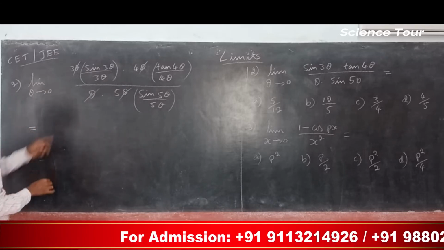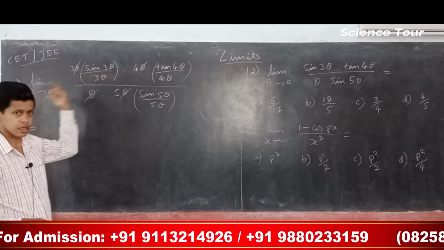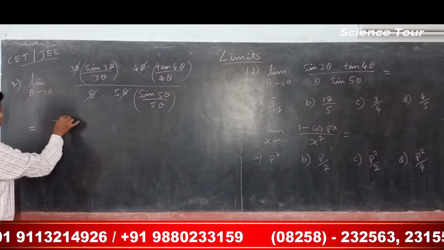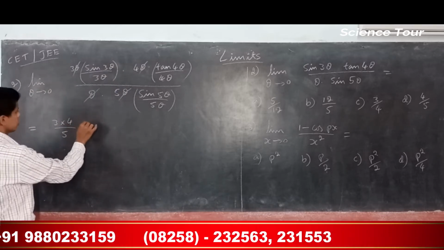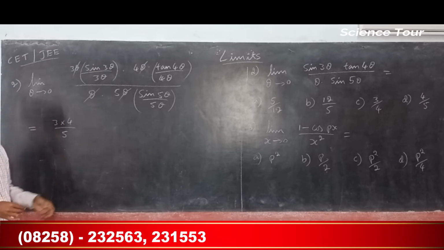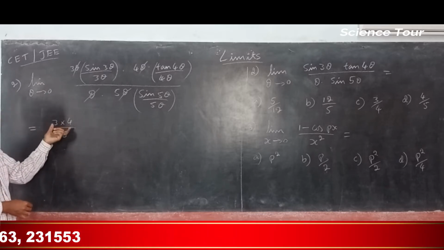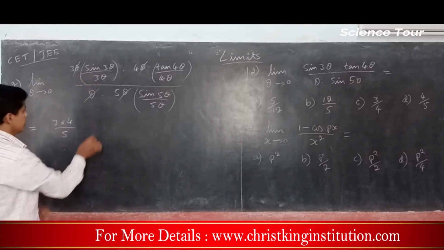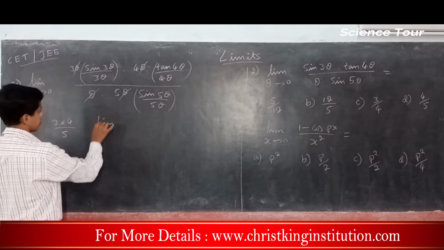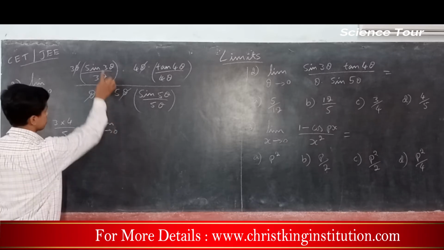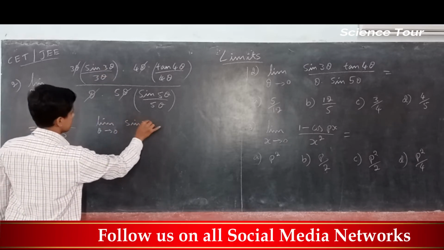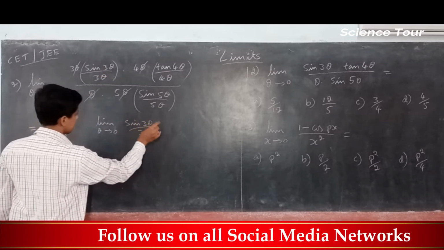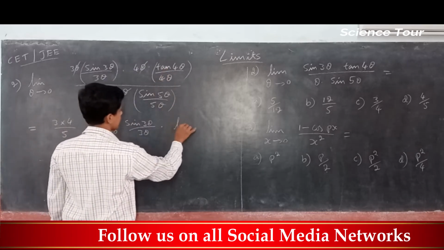So, what are the constants that are remaining? 3 and then 4 and then 5. Let us keep those out because limit does not apply to the constants. Limit applies only where there is theta. So, limit as theta tends to 0 sine 3 theta by 3 theta into, apply the limit here as well.